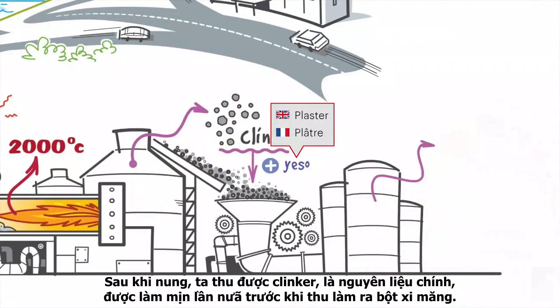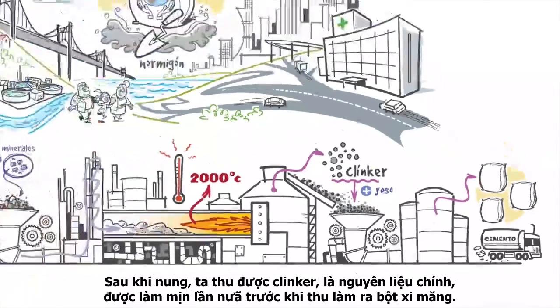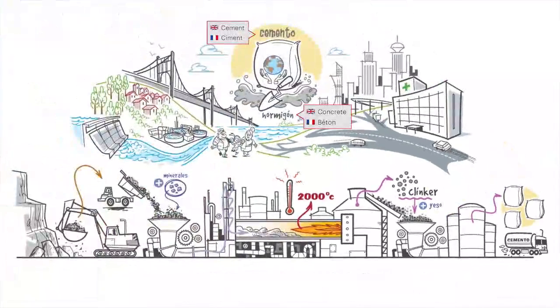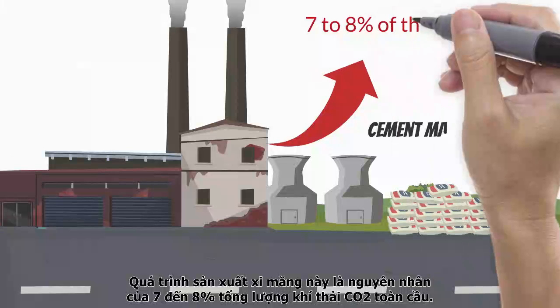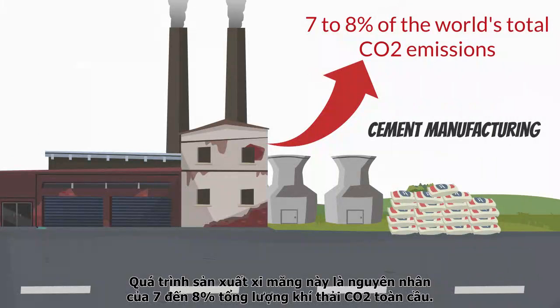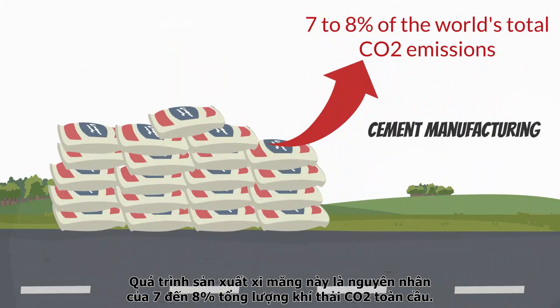After baking, clinker is obtained, which is the key material that will be ground again to obtain the cement powder. This cement manufacturing process is on its own responsible for between 7 and 8% of the world's total CO2 emissions.